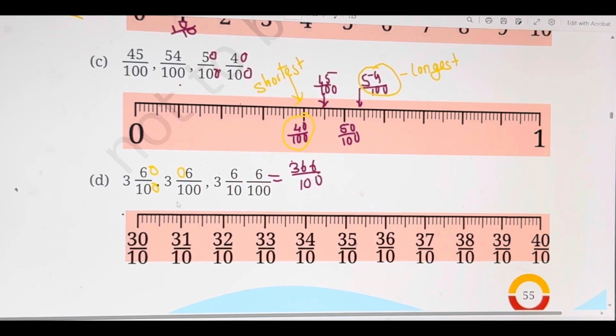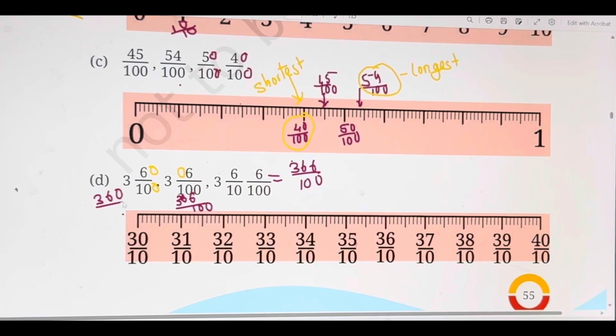So this is 306 upon 100. Let me write it again. This is 306 upon 100, and this is 360 upon 100.